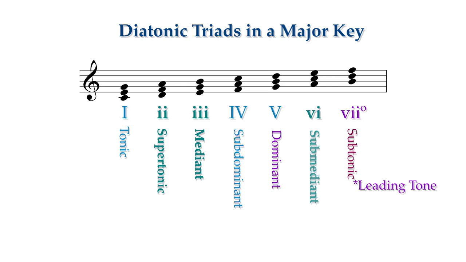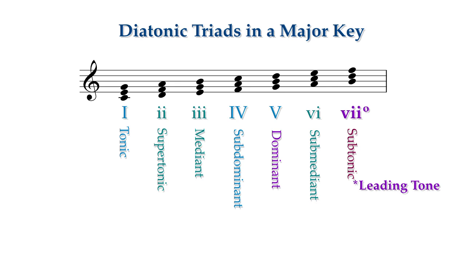Supertonic, mediant, and submediant triads are always minor. Minor triads always have a minor third and a perfect fifth.